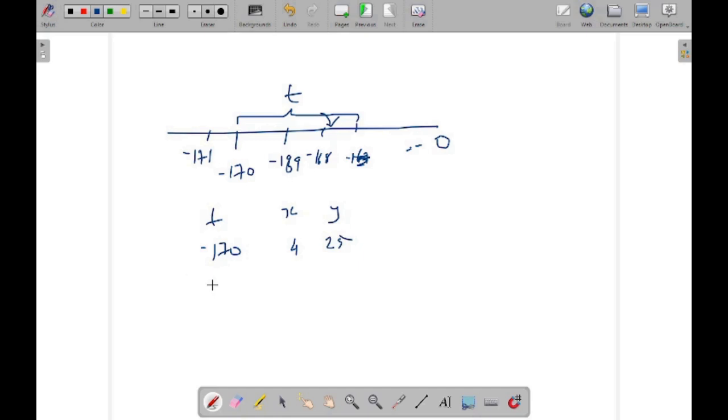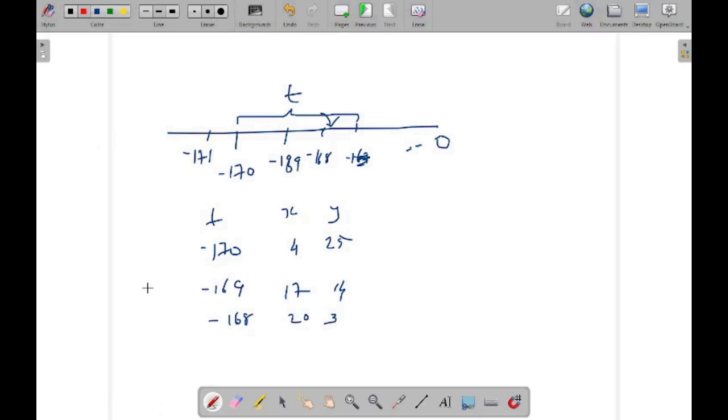When t equal to minus 169, you are getting x equal to 17 and y equal to 14. When it is minus 168, you are getting x equal to 20 and y equal to 3.